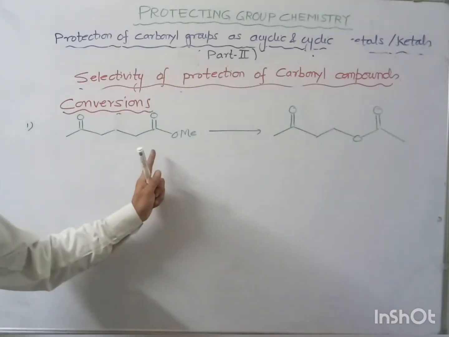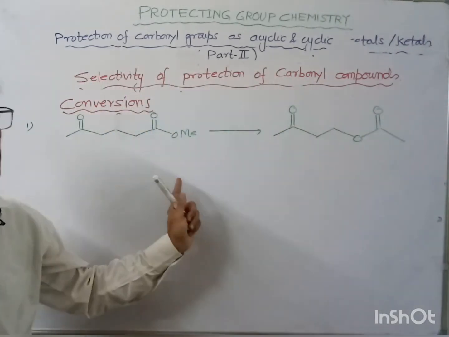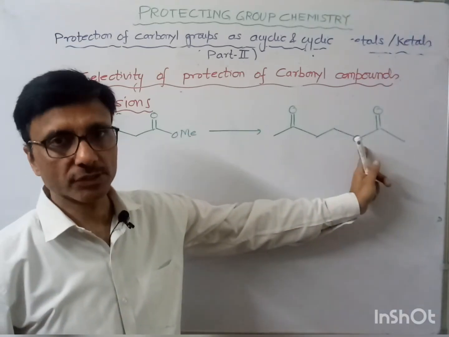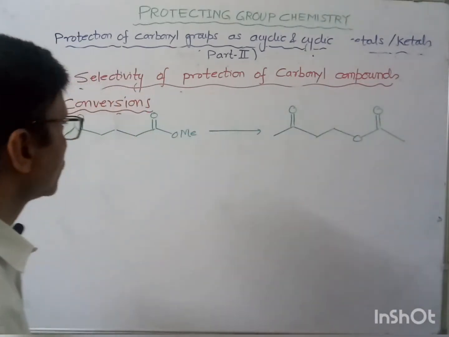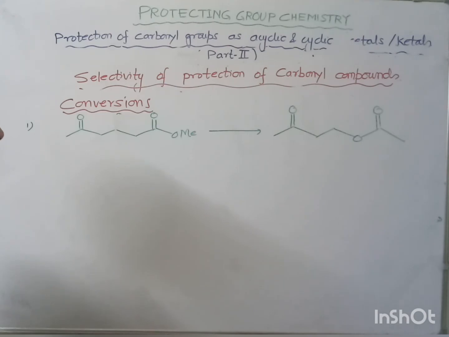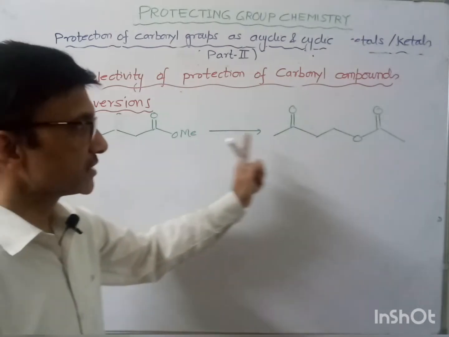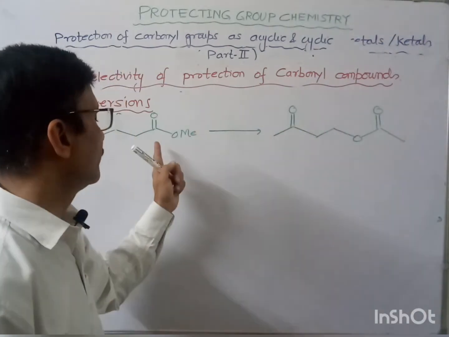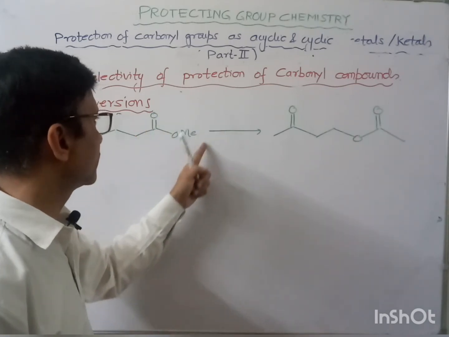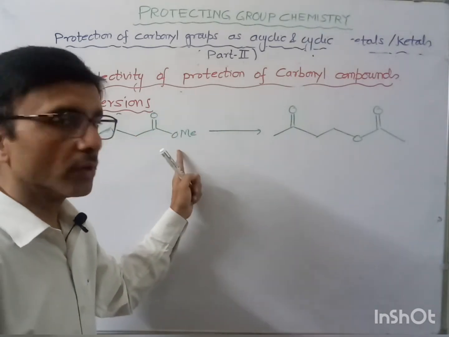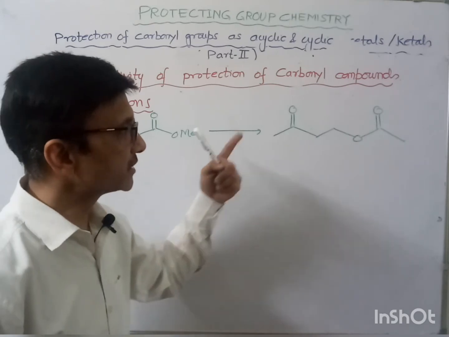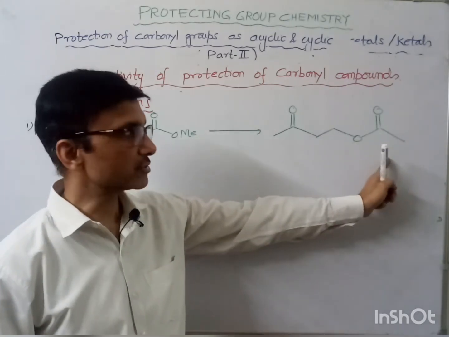As you can see here, this ester group is converted into this acyloxy group. For this, how will we do it? To convert this into this acyloxy group, we can first convert this ester into alcohol, and the alcohol can be acylated to convert it into the acyloxy group.